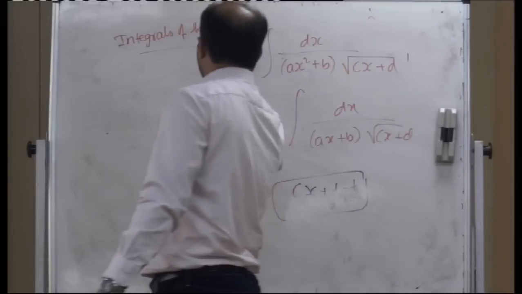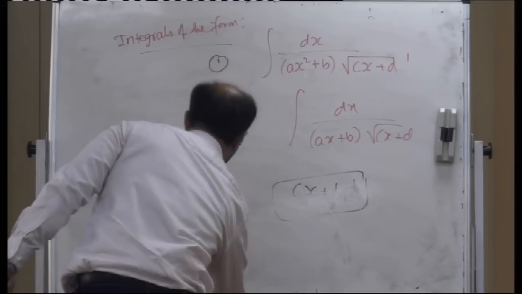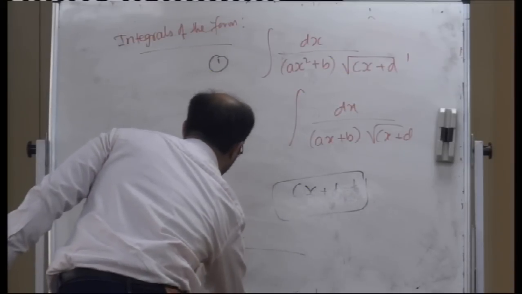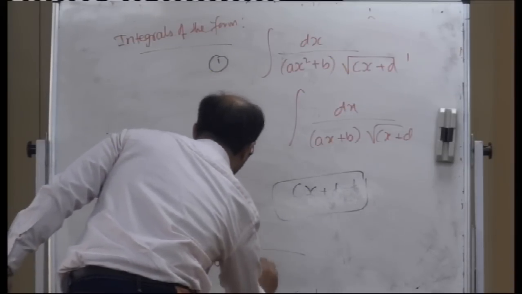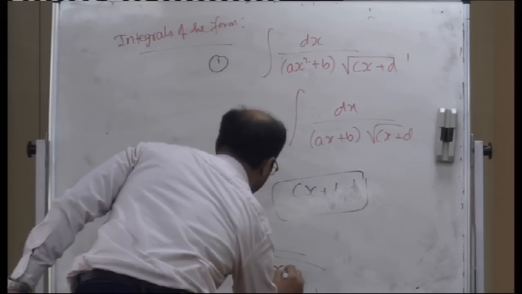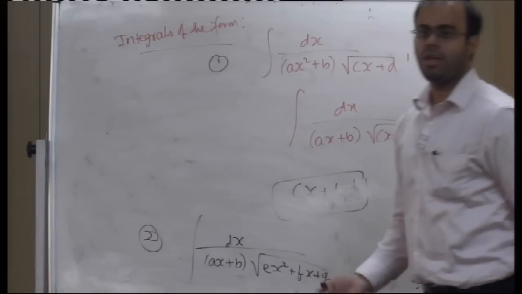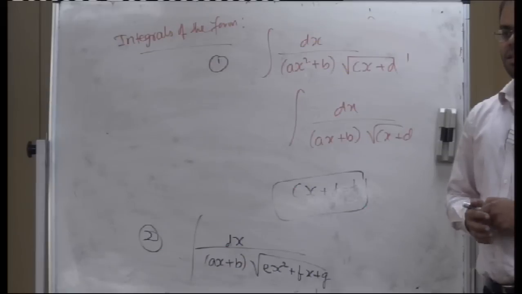If you have an integral of this form, dx upon ax plus b into root over a quadratic ex square plus fx plus g. Now this is quite a question where you can't think of the substitution on your own.